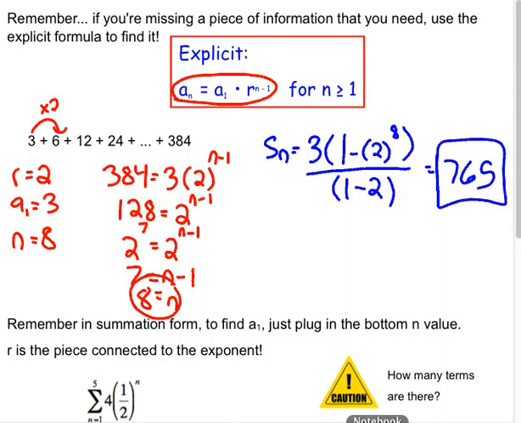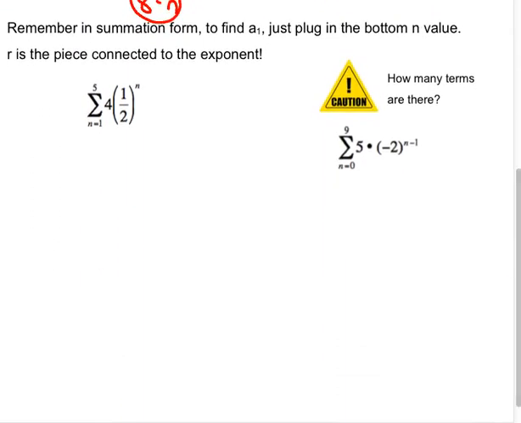Now, the last thing that we need to talk about in terms of different ways you can see these is in summation form. Okay, so in summation form, you're still looking for the same three things: the first term, the rate, and the number of terms. Now, A1 is, of course, when you just plug in 1 for n. So 4 times 1/2 gives me 2.